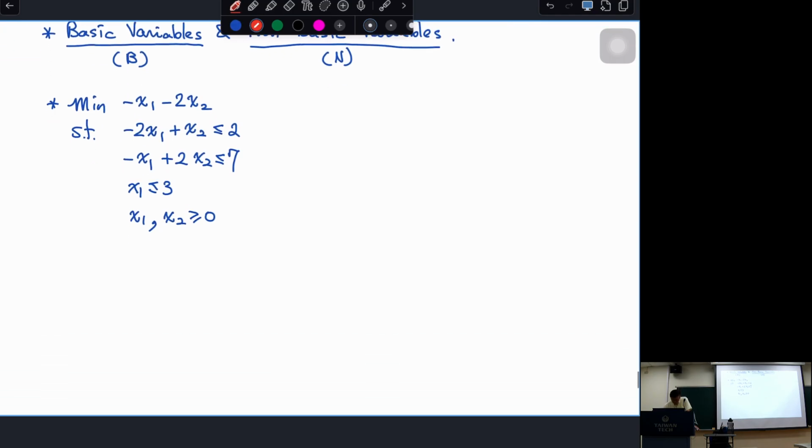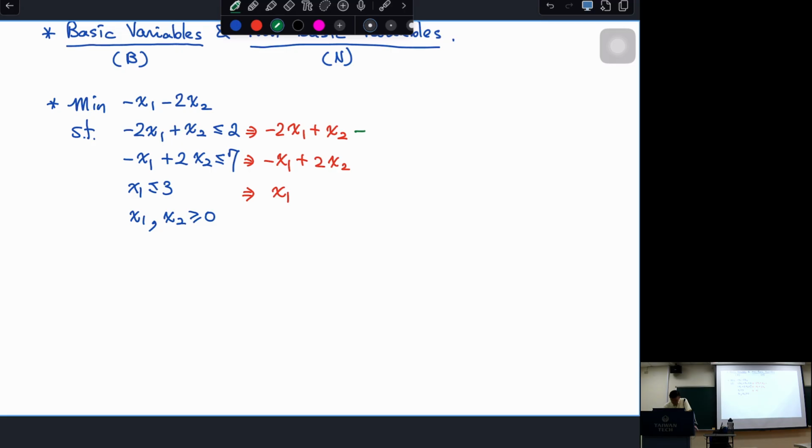We will introduce slack variables. I intentionally write it in this form, and pay attention to the slack variables.